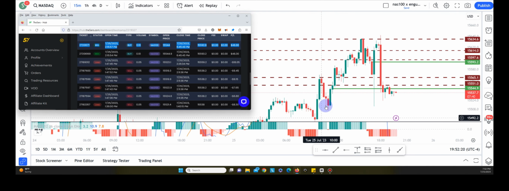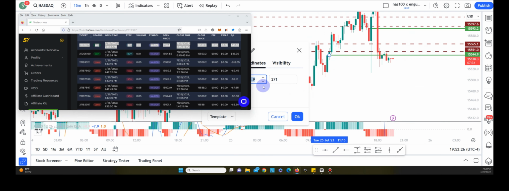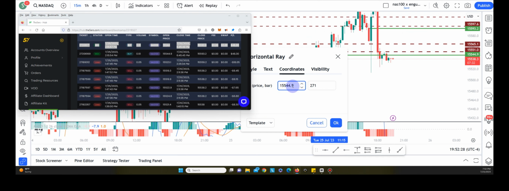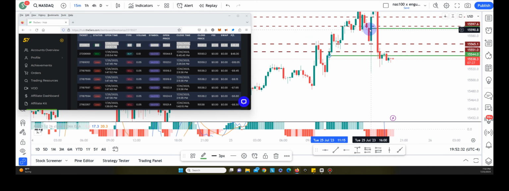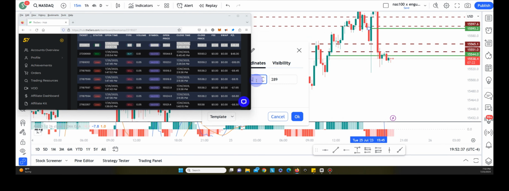But anyways, the next one that I entered was here on the 11.15, and that's at 15,544 flat. Then I got stopped out or manually closed this for profit at 0.8. Then remove this.